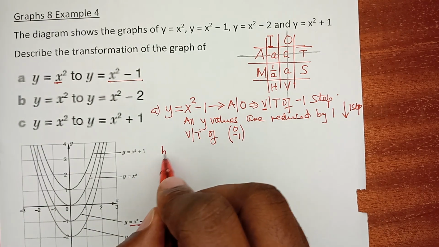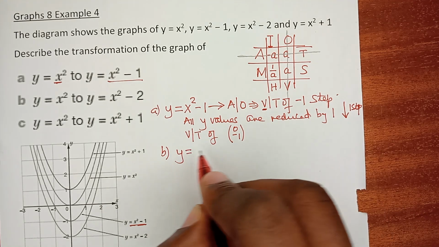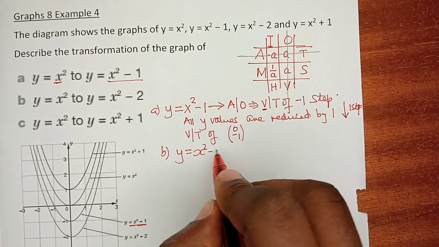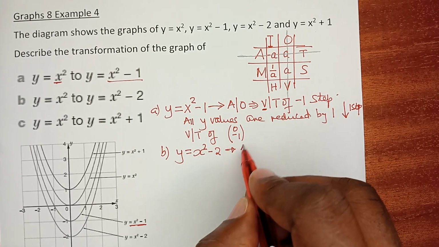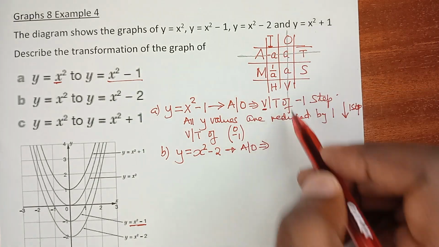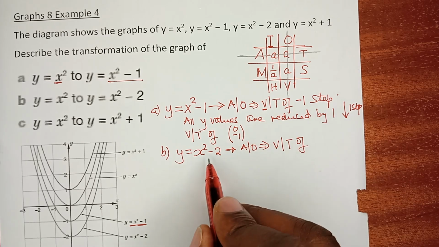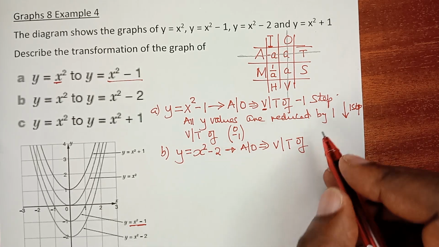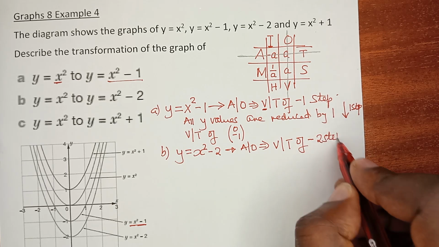What about part B? The graph of y equals x squared to y equals x squared minus 2. Again, it goes without saying, this is still addition outside, and addition outside is vertical translation of what has been added, of a, of -2 steps.